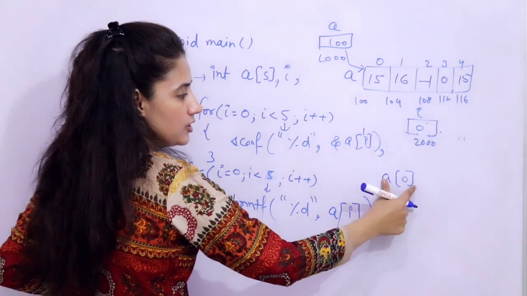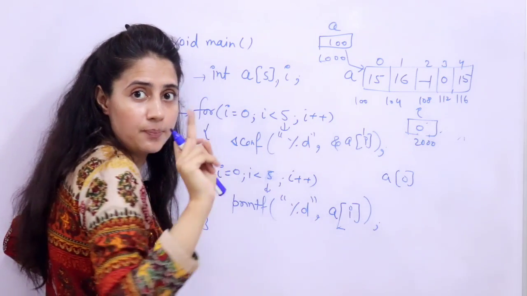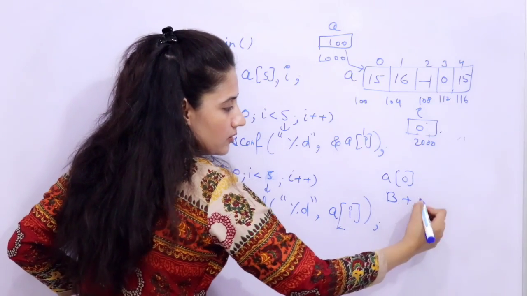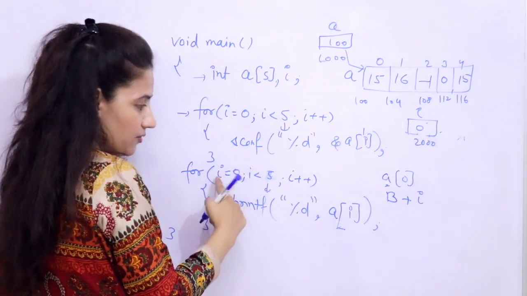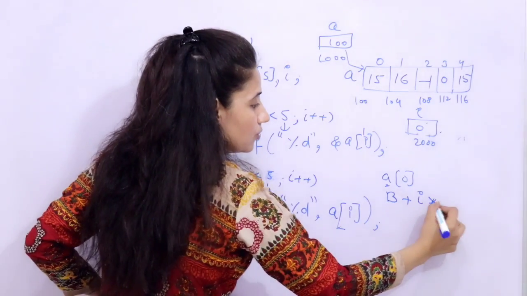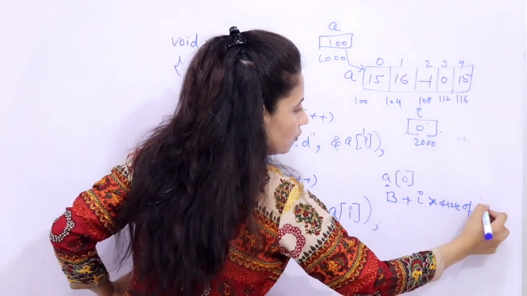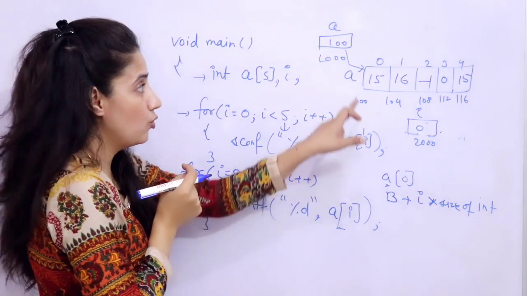Now how would the address of a of 0 be calculated? How can you fetch it? In the previous video I told you the formula: base address plus this index, that is i, into the size of the data type, which is int, so size of int. Here the base address is stored in a.